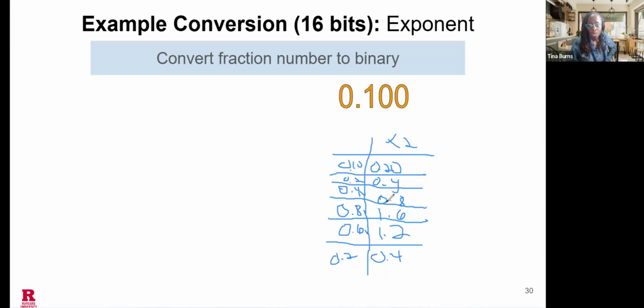You know why? Because now the number is going to repeat. Remember I was saying you stop when you get a perfect 1 or when you find that your number is going to repeat. And if we look right here, we see that this is the same value as this. So this is where this repeats. Let's go ahead and write that out so we can see how that looks.